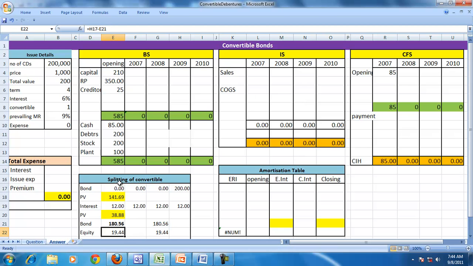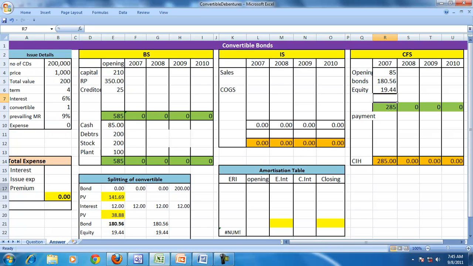Now this is what they've issued. So during this period, since they've raised money, instead of writing the entire amount as bonds, we will record bonds of 180.56 and equity as the balancing figure, which is 19.44.